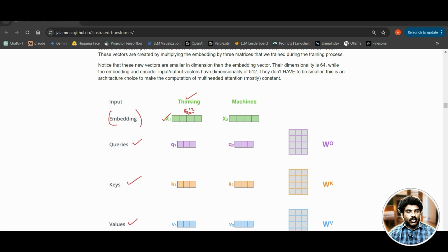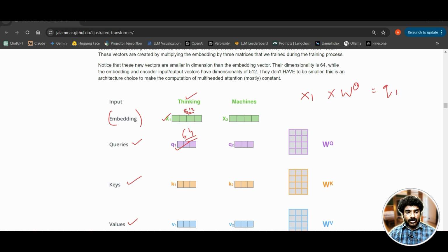How do you create these vectors? That is very important. You take the input x1 and multiply it with the weight associated with the query vector, wq, and you get q1. The dimensionality of q1 is 64, which again depends upon the architectural choice or need.